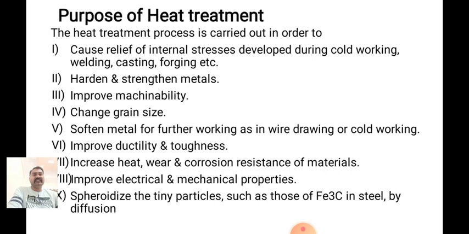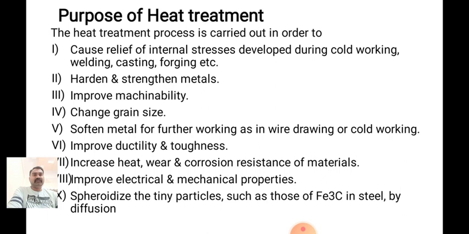Now, increase the heat, wear and corrosion resistance of the material. We know that different materials are used in marine water as well as salt water. In that case the corrosion resistance property must be there in order to prevent the component from wearing out or corroding.